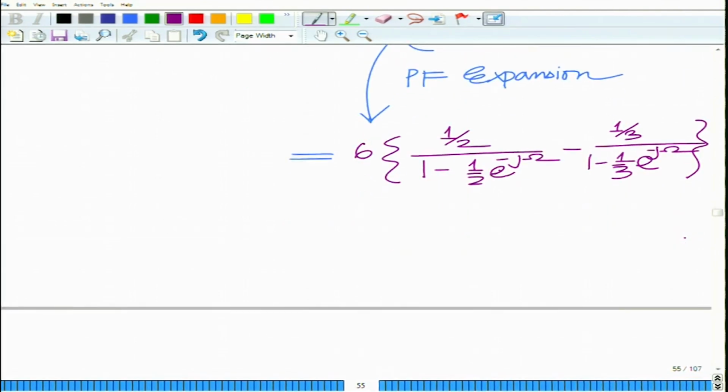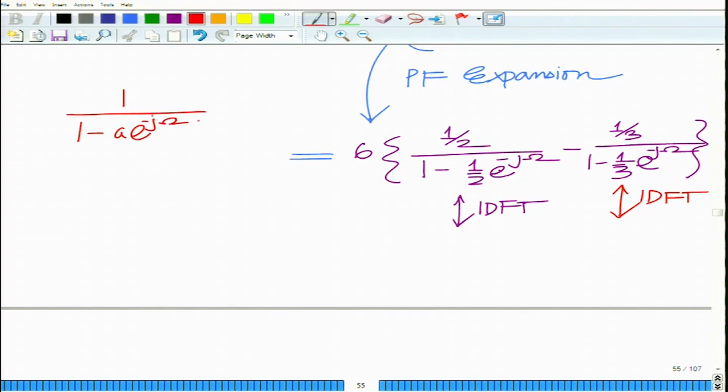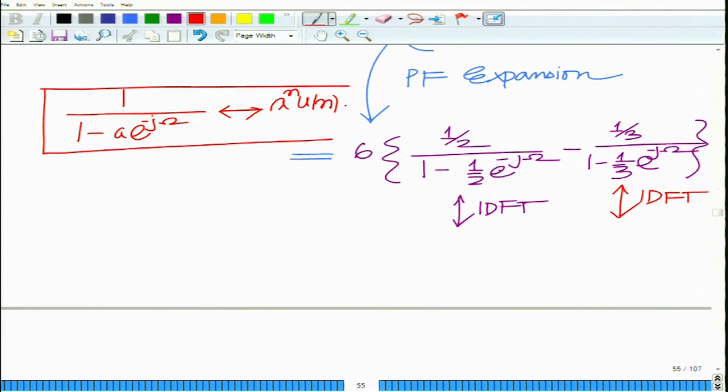And now, you take the inverse DTFT of each component. We will use the property that 1 over 1 minus a e raised to minus j omega has the inverse DTFT a raised to n u[n]. So, this is the property that we are going to use.